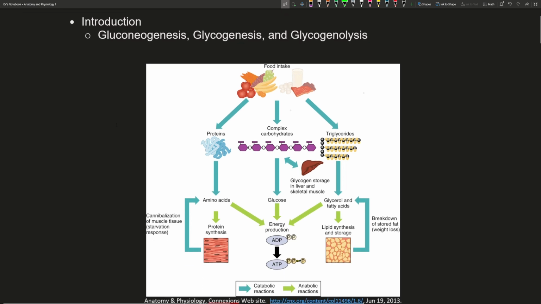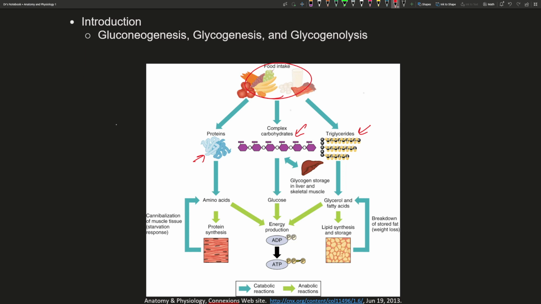So here, you have your food intake, and you bring in your food, and your food is made of your proteins, your carbohydrates, and your triglycerides, of course. So fats, carbs, and proteins. How do they get processed?